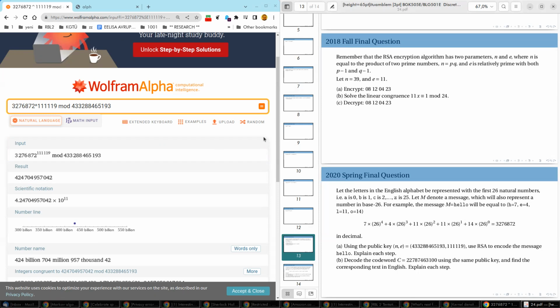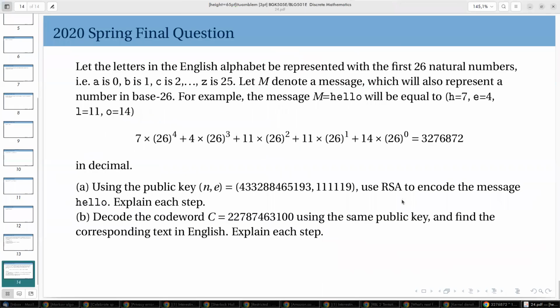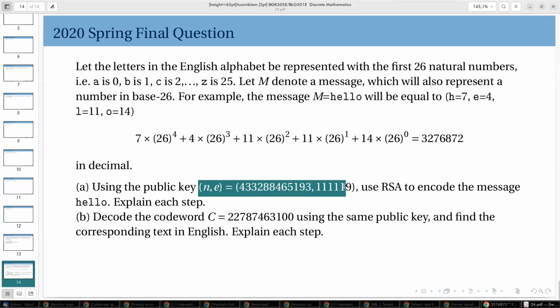So coming back to part B. In part B, I need to find the message for the code word given here. So this is the code word, the encrypted value, and this is produced using this public key. And I want to decode this. Now, in reality, I shouldn't be able to do this, because obviously using encryption, you don't want your code word to be decoded.